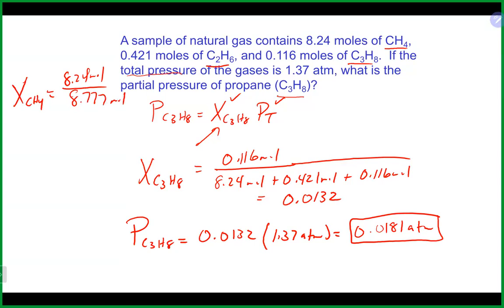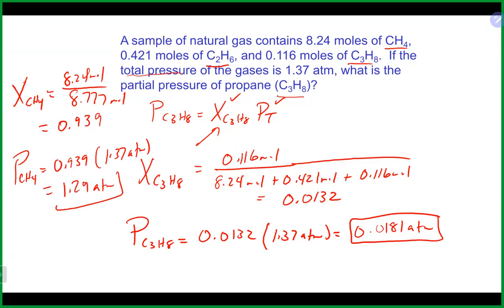So if we did that, 8.24 divided by 8.77 means that basically it's 93% there pretty much of methane floating around, which means the partial pressure of methane in this case would be 0.939 times our total pressure, 1.37. Gets us a pressure of 1.29 atmospheres.